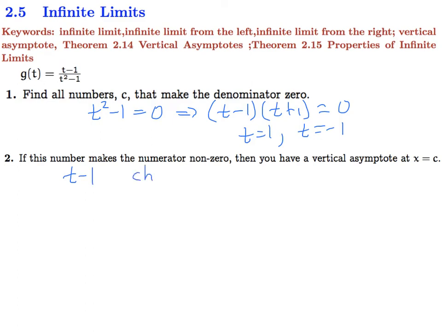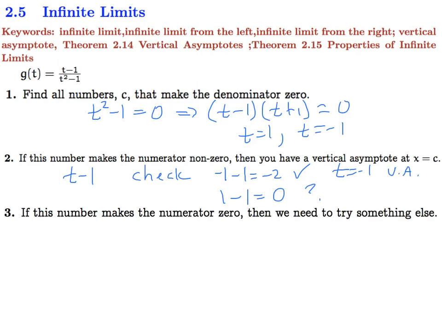So we go ahead and we check, and we see that, well, negative 1 minus 1 equals negative 2, so that works out. t equals negative 1 is indeed a vertical asymptote, but 1 minus 1 is equal to 0, and our theorem doesn't tell us anything. It doesn't tell us if it is an asymptote or if it isn't.